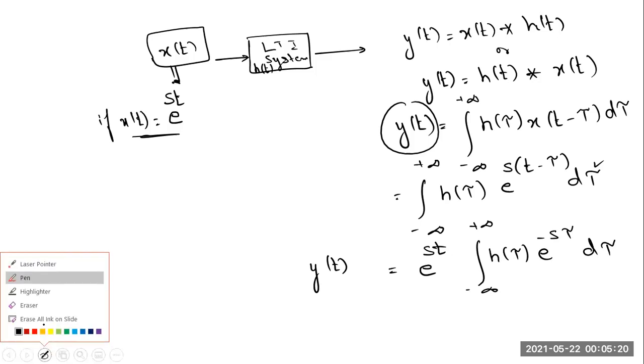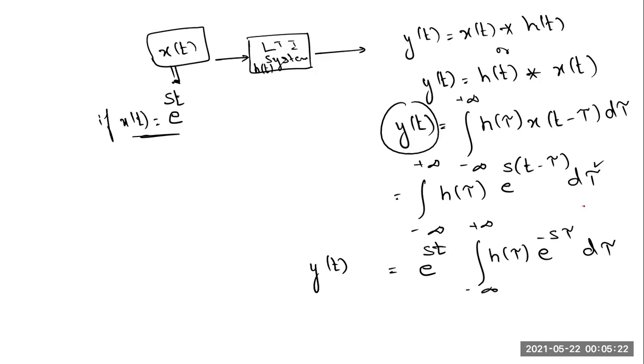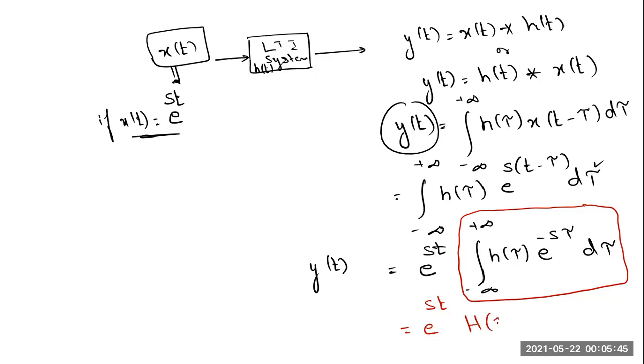Now this thing is a function. When you solve this integral, ultimately this is going to be some constant, and that constant will depend on the value of s. So what is the output? Output is e raised to power st, and this whole term can be represented by this notation.